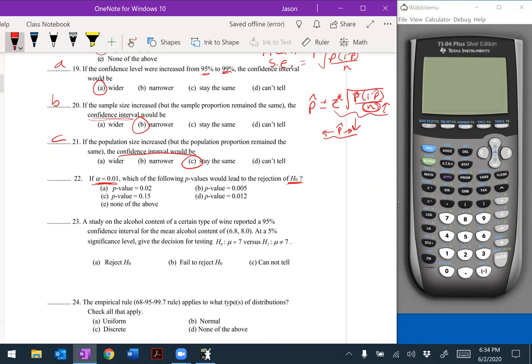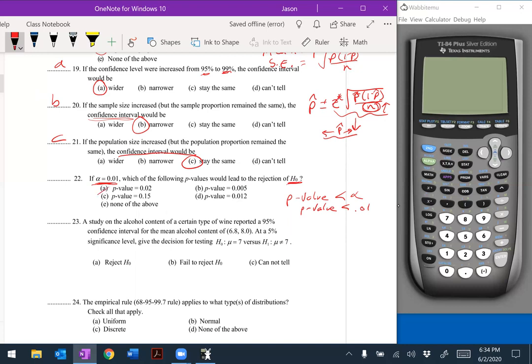Well, we always want our p-value to be less than our significance level, right? So we want the p-value in this case to be less than 0.01. And which one of these is less than 0.01?